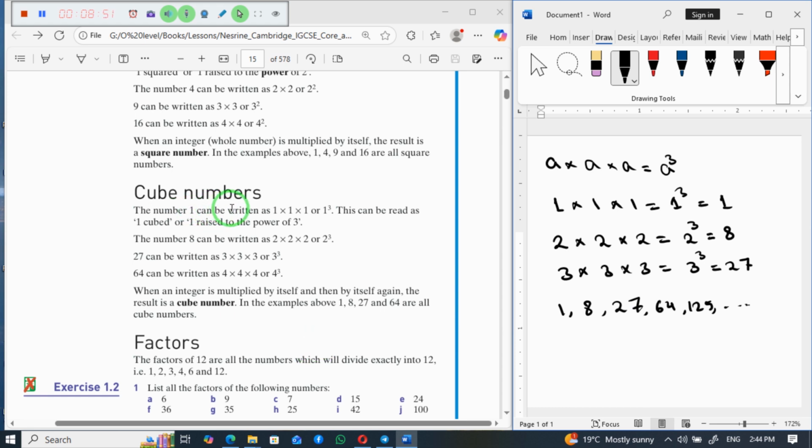The number 1 can be written as 1 multiplied by 1 multiplied by 1, or 1 to the power of 3. This can be written as 1 cubed or 1 raised to the power of 3. The number 8 can be written like this, and also 27 and 64. These numbers are called cube numbers.